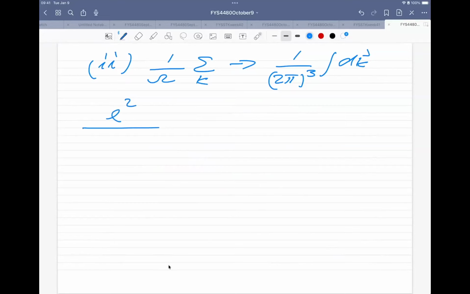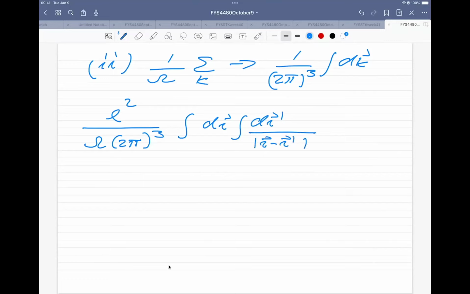So the quantity we need to evaluate, and this is where we're going to stop now, looks like this: 1 over (2 pi) cubed, and then an integral over dr, another integral over dr prime, and the Coulomb term 1 over |r - r'|.